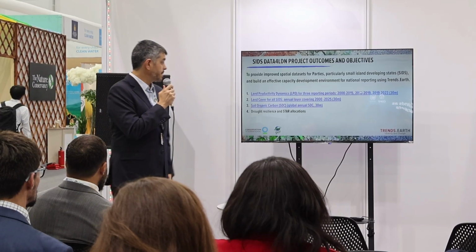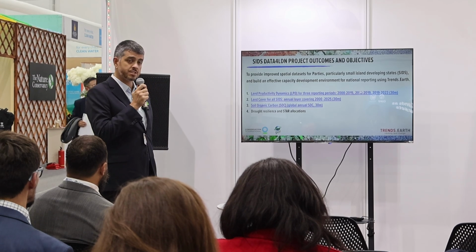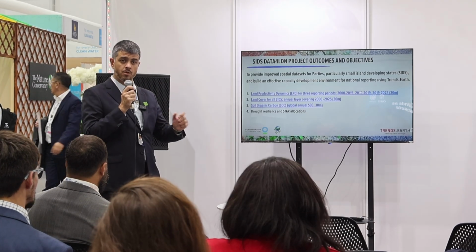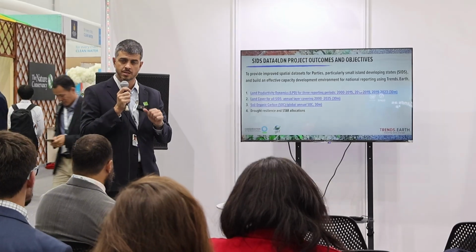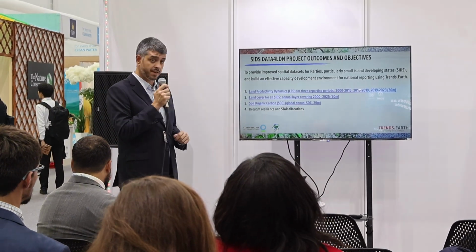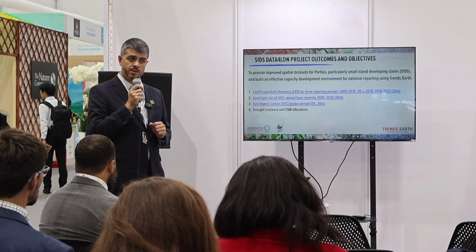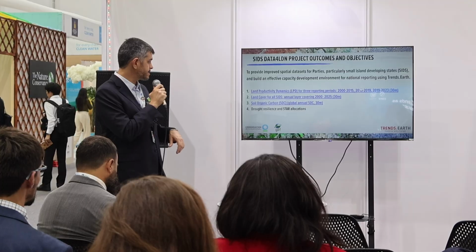We also partnered with Auspicious to develop land cover for all SIDS plus, actually. So it's going to be covering all the 39 official SIDS, but a lot of islands in the Pacific as well. So we are aiming for around 60 islands to be covered by these data sets.